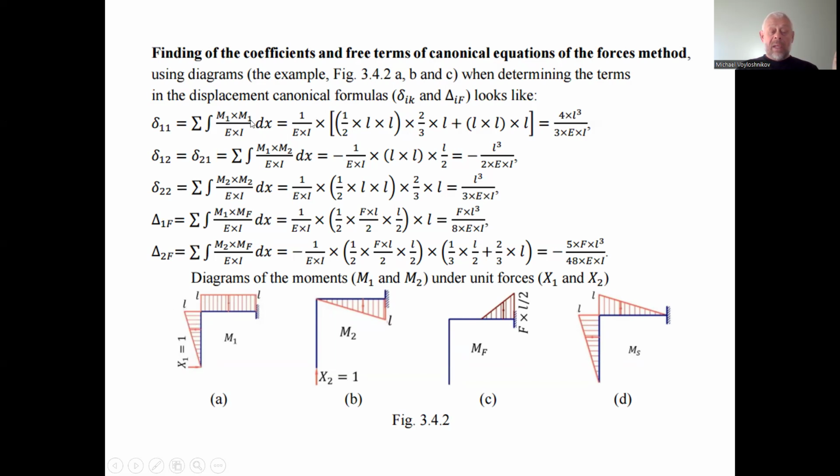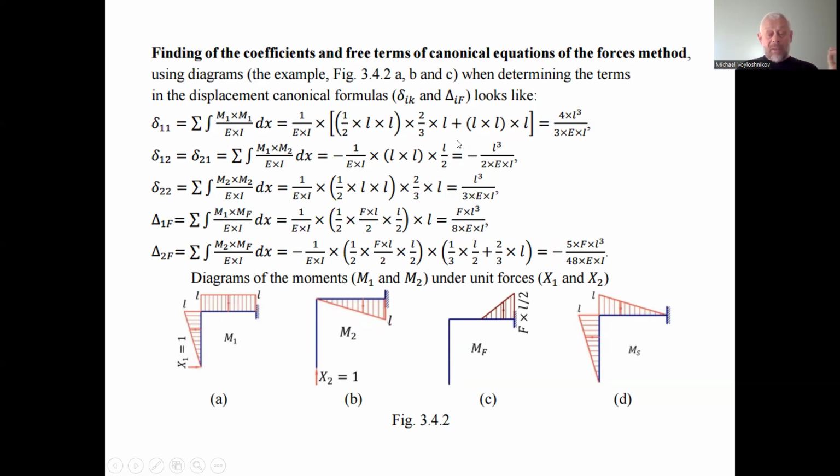But widely used in mechanics is the Vereshchagin rule: the integral of the product is equal to the product of the area of the second diagram by the ordinate of the first diagram, which in the projection corresponds to the center of the area of the second diagram. This is the Vereshchagin rule.